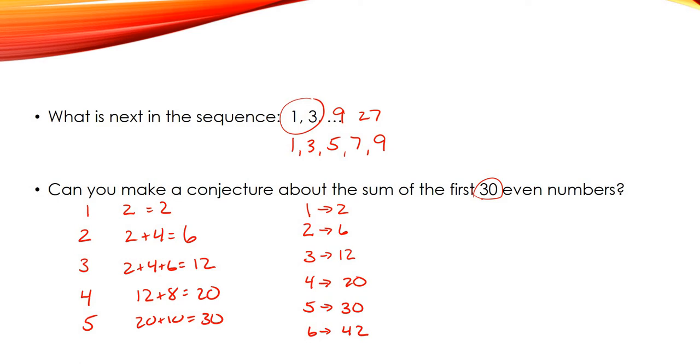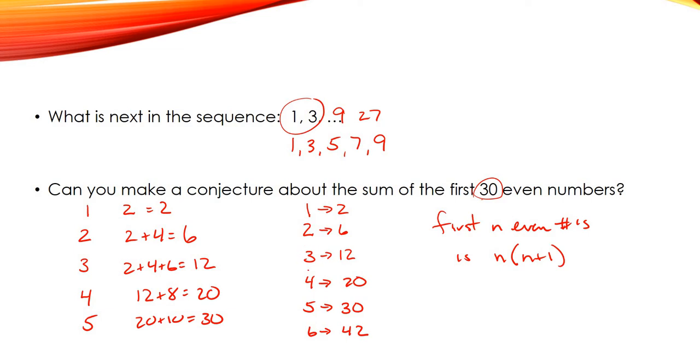Okay, so this pattern was a little tougher to see, but let's go backwards first and do a general conjecture. The sum of the first n even numbers is n times n plus 1.